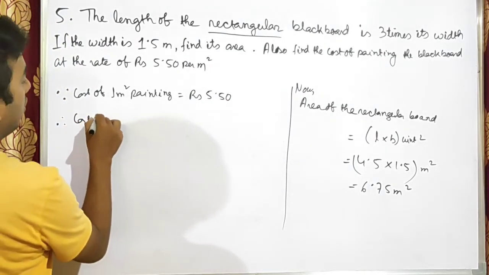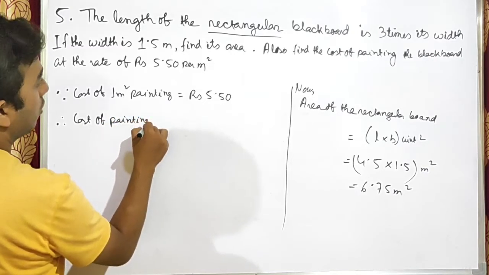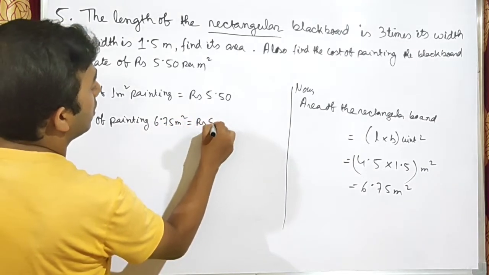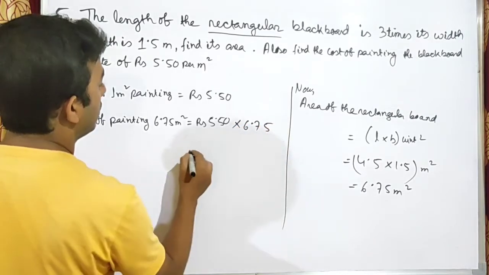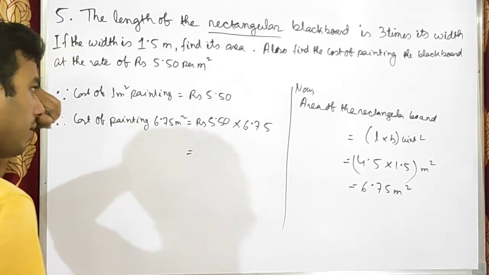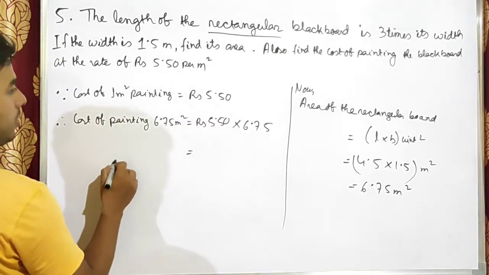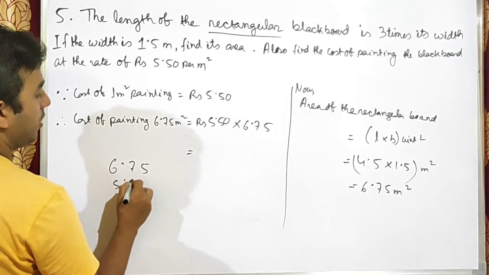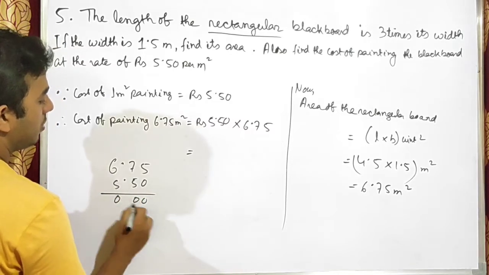Therefore the cost of painting 6.75 meter square equals rupees 5.50 into 6.75, isn't it? So now we have to multiply 5.50 with 6.75. So let's multiply 6.75 with 5.50. 0, 0, 0, no problem.